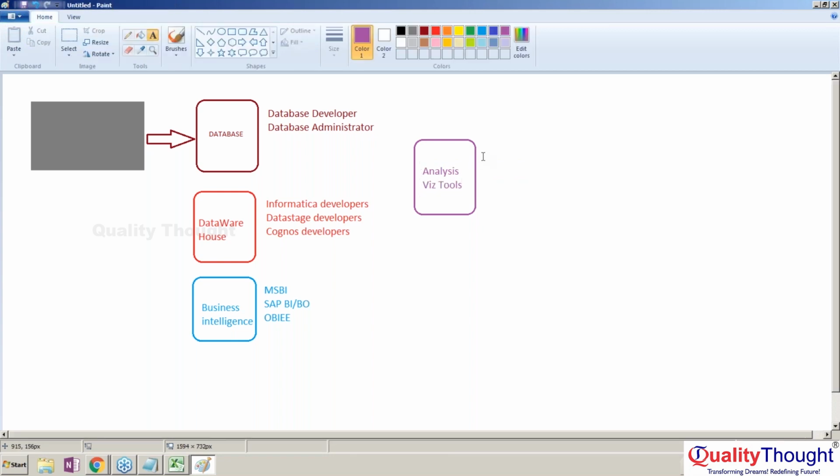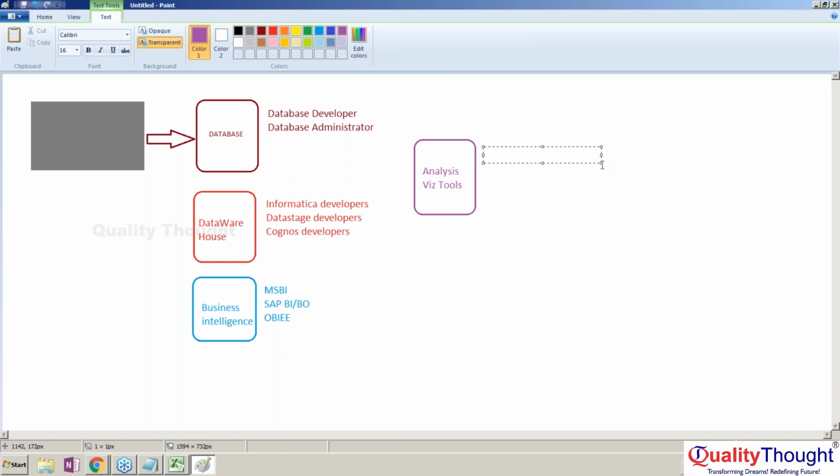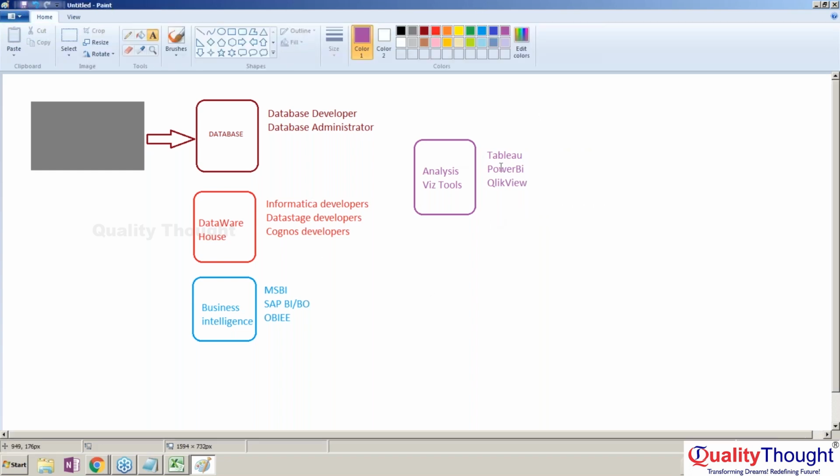So how can we analyze this part? We have a couple of things in the market, out of which the leaders are Tableau, Power BI and QlikView. All these individual tools can be used for any sort of data analysis and creating visualizations for the data.